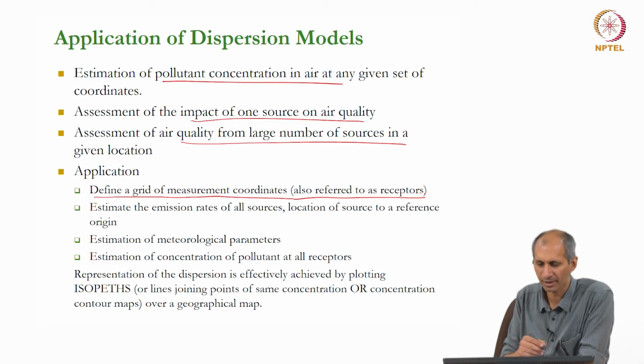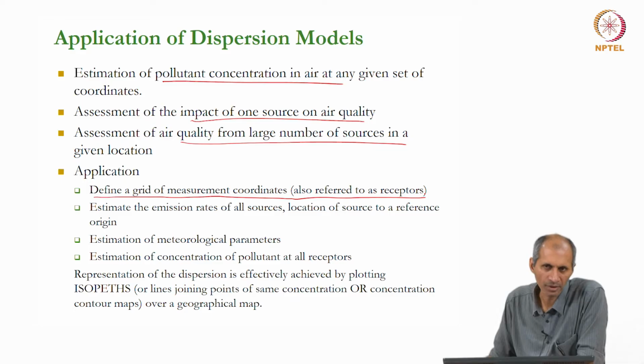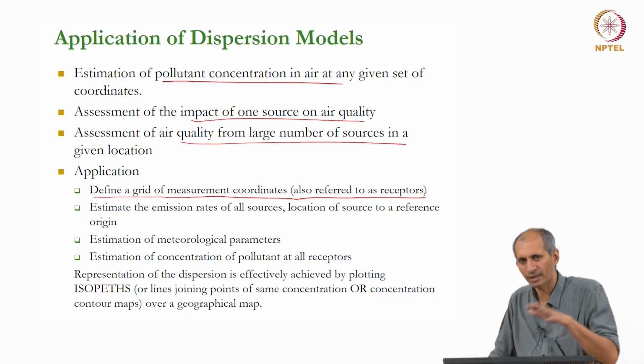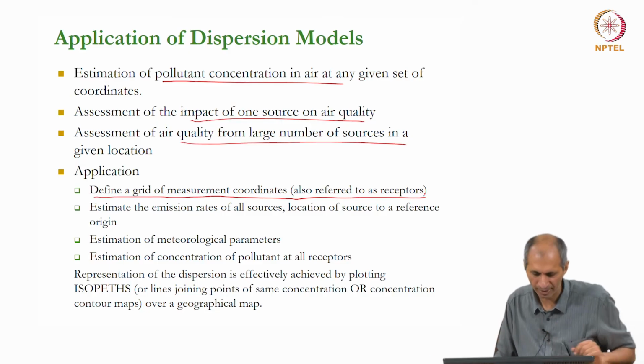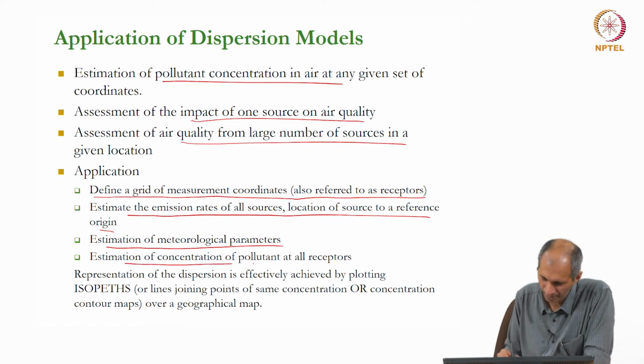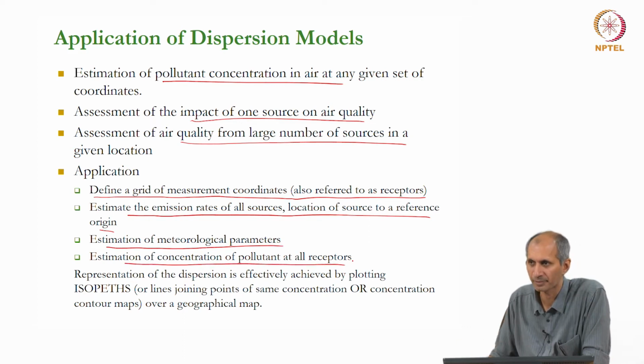We can calculate the concentration at a large set of coordinates, and we estimate the emission rates for all sources and their locations with reference to some origin. As I described earlier, we estimate meteorological parameters, and we also estimate the concentration of pollutants at all receptors.